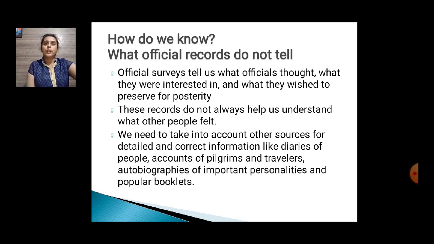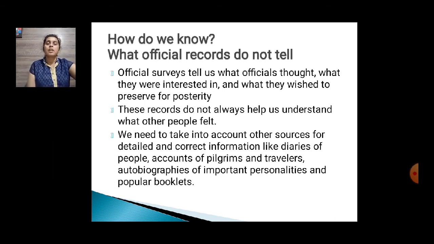Then, how do we know what official records do not tell? So we said that the record rooms are there, wherein we can come to know every decision and policy of the government. But there are certain things which were not written anywhere. That is unofficial record.